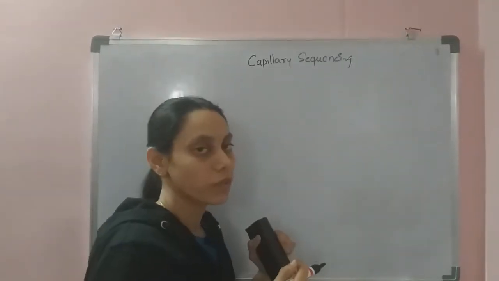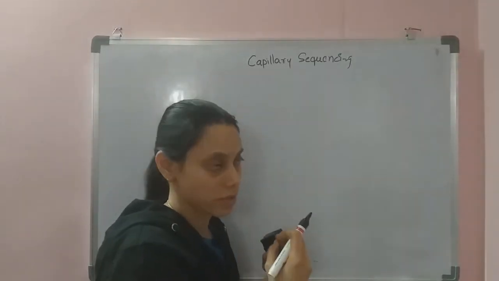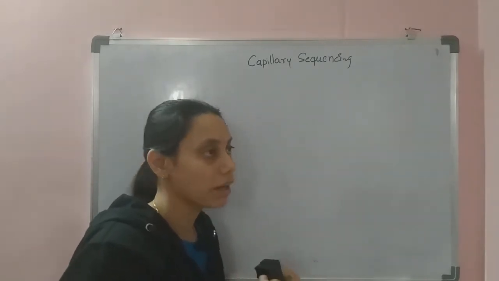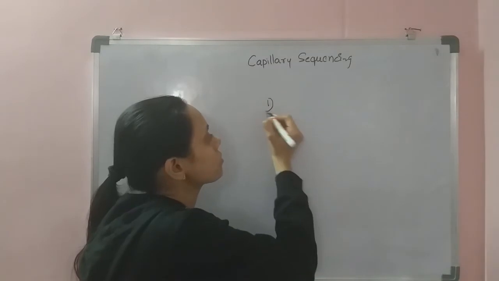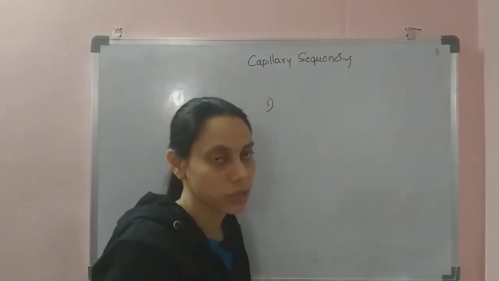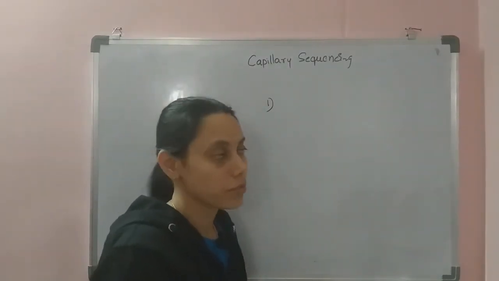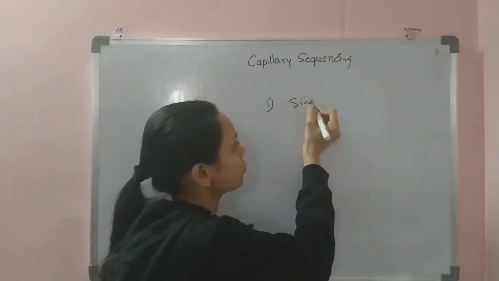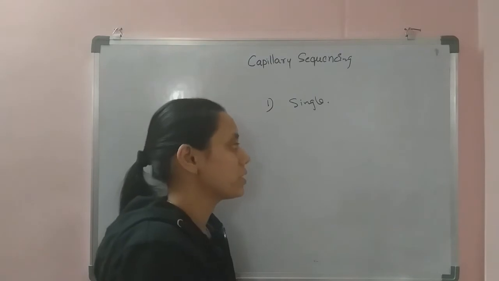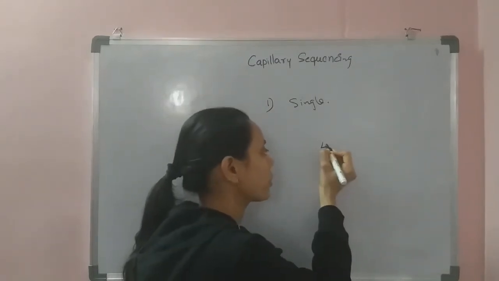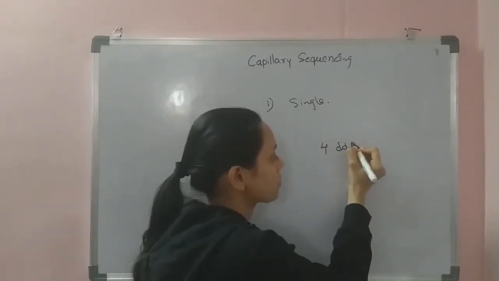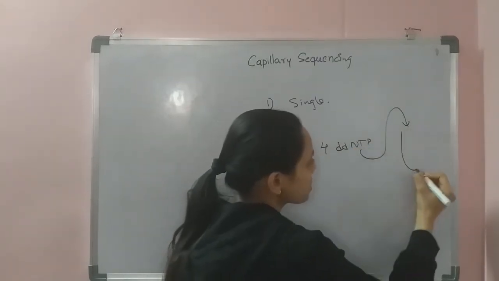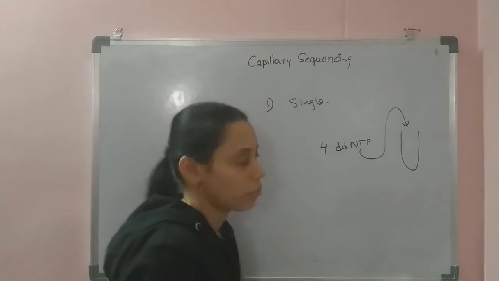But the difference between capillary sequencing and Sanger's DNA sequencing is that here, instead of using 4 reaction tubes as in Sanger's method, we are going to use a single reaction tube. That means all 4 types of ddNTPs will be added into the single reaction tube.